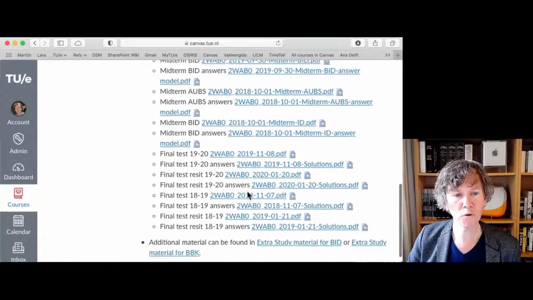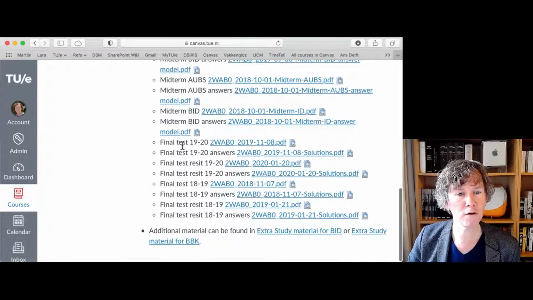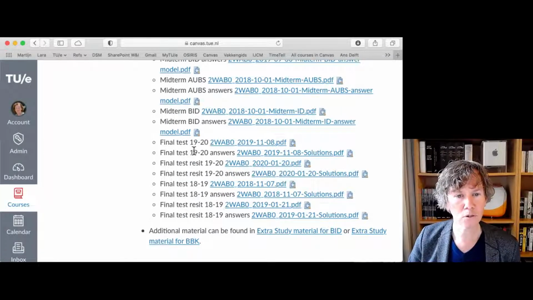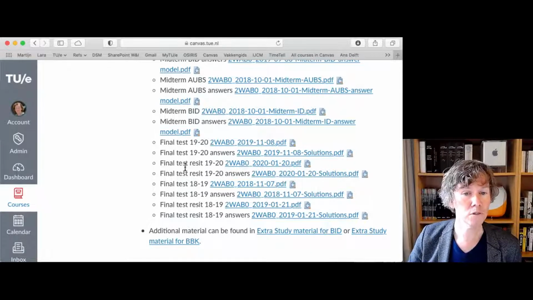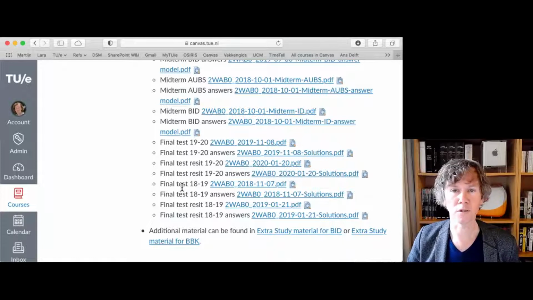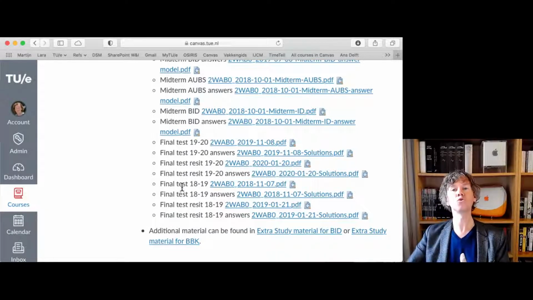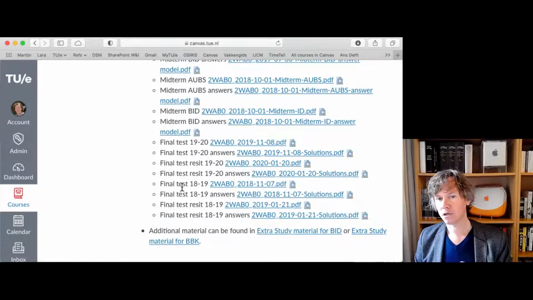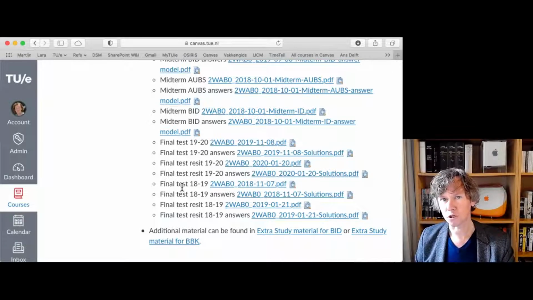And as you see, we also now have the final tests for 1920, so that's last year, 2019 till 2020, plus the answers, the resits. So this one, as you can see, was in November, this one in January. And we have also put them there for 2018, 2019. So for the last 2 years, the most recent final tests plus the resit you have now, and you can practice them. As you also see, there are solutions here.